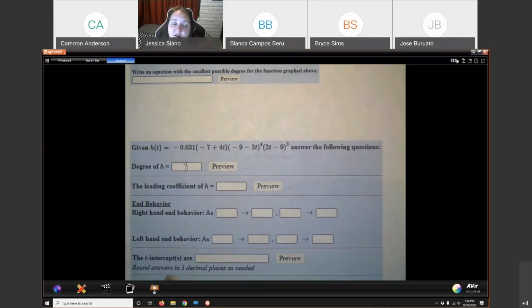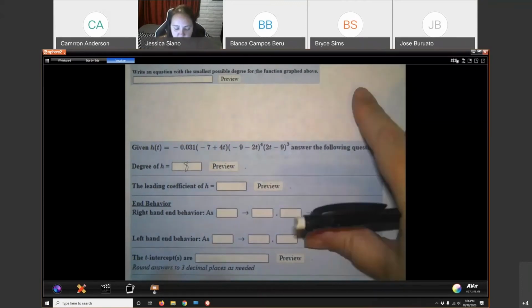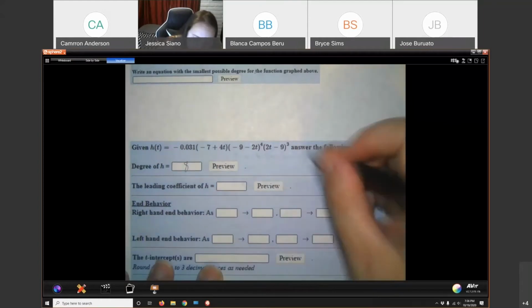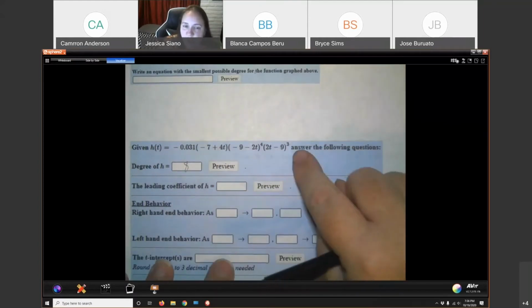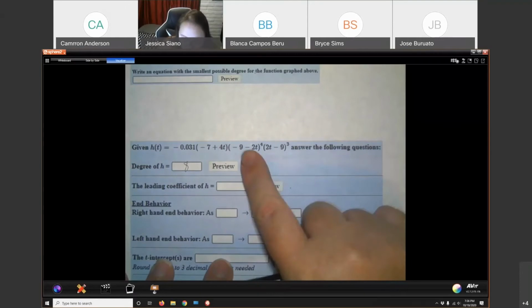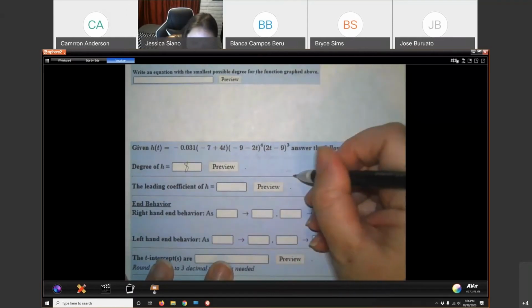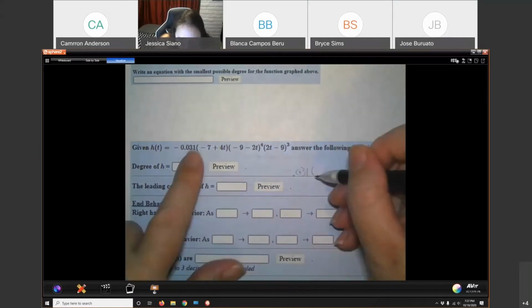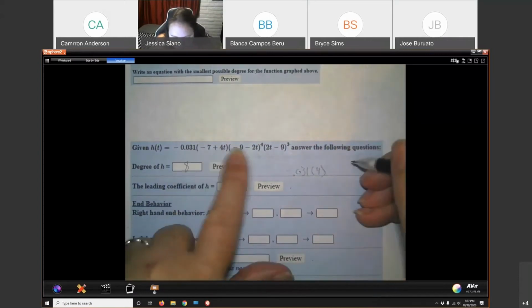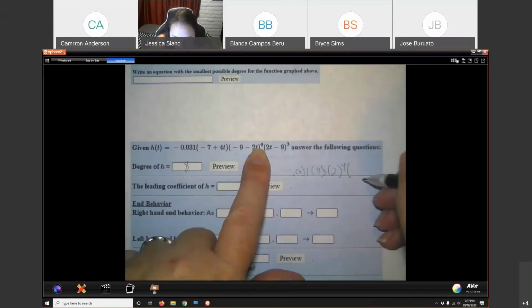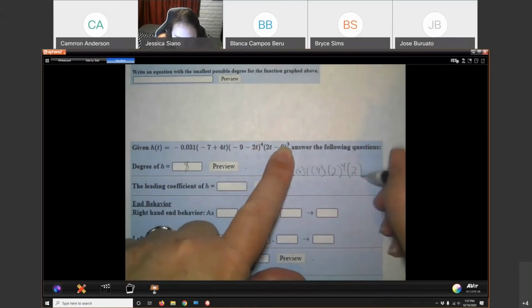And now your leading coefficient is the number that would be in front if you were in standard form. So I don't need to worry about these constants, and I don't need to worry about the variable either. I need to worry about the coefficients. So what I have then is the number in front times this 4 times this 2 to the 4th times this 2 to the 3rd.